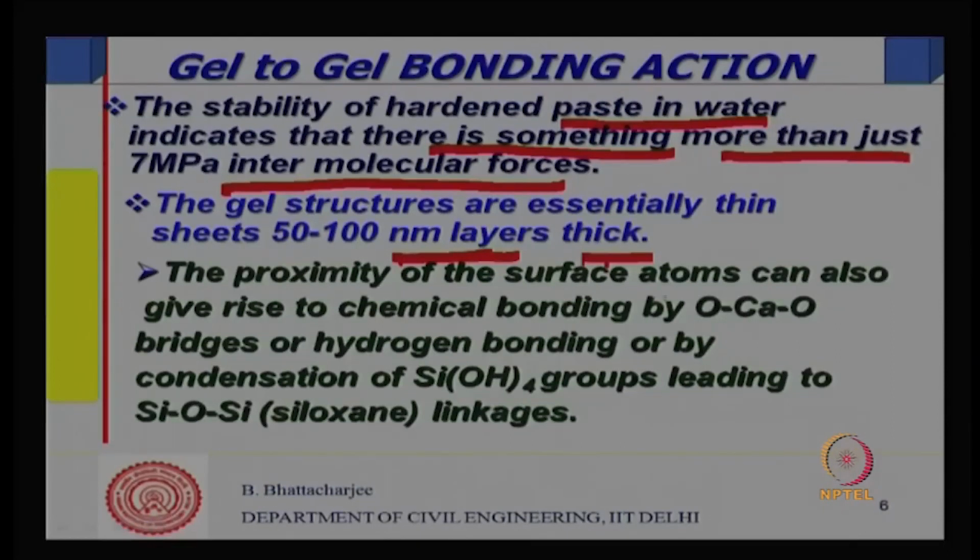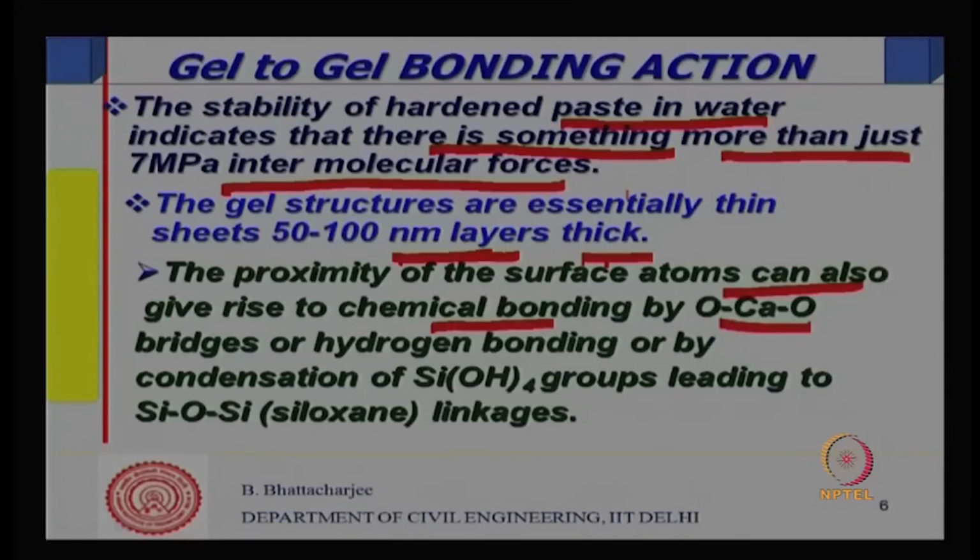Now, proximity of the surface atoms can also give rise to chemical bonding of calcium to oxygen. So, the surface atoms can form bonds between gel layers, because that is the explanation that van der Waals forces cannot be the only thing, since it is stable in water.